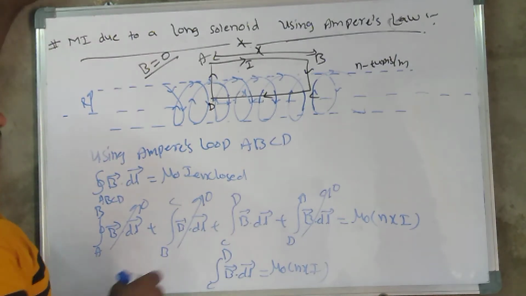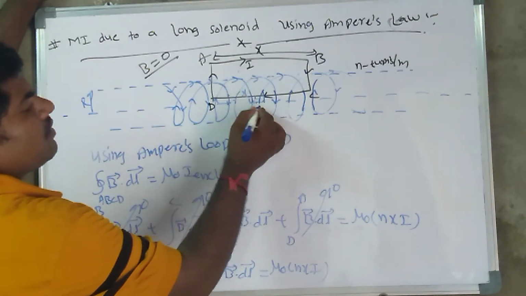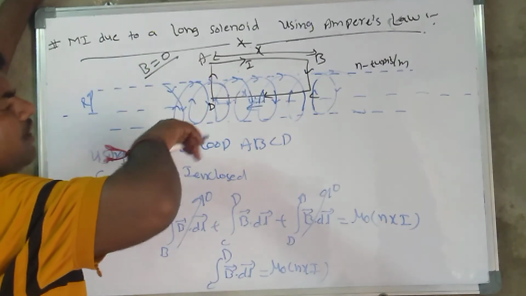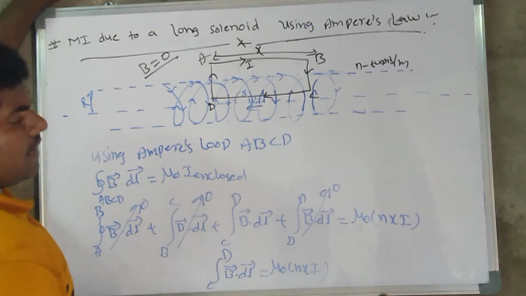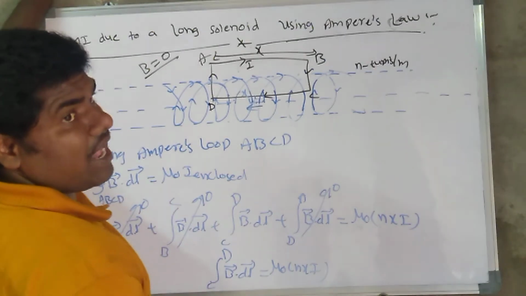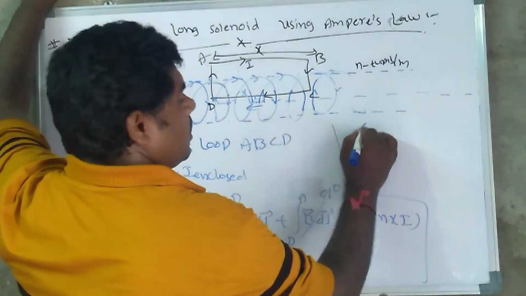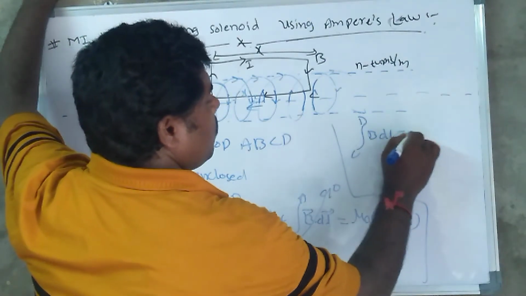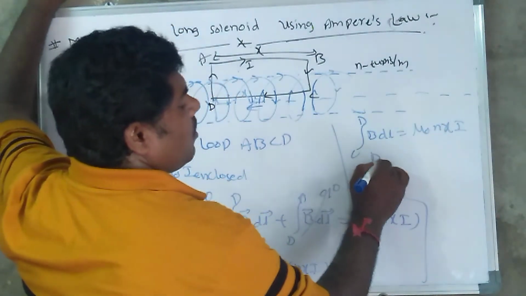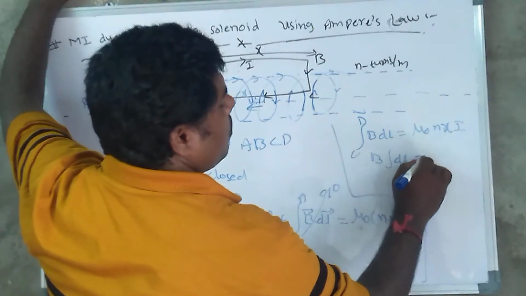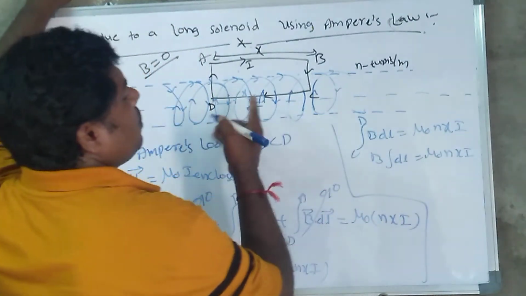Here B is constant. Let's consider this small displacement dl, the dl direction, and the current is moving in the clockwise direction. Here the magnetic field direction and dl direction are both the same, that's why the angle between B and dl is 0 degrees. So the integral from C to D of B dl is equal to mu naught n into x into I. Here B is constant, the integral of dl is equal to mu naught n x I. The integral of dl is from 0 to x.